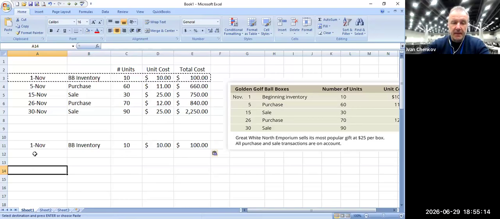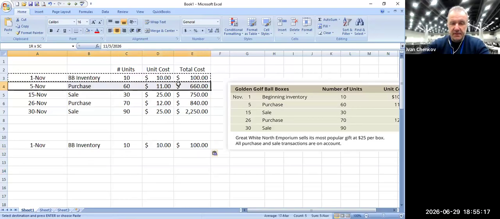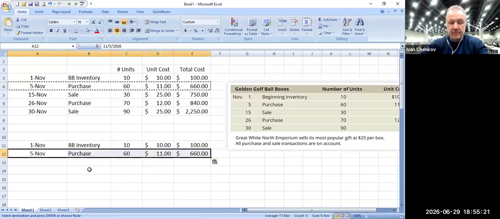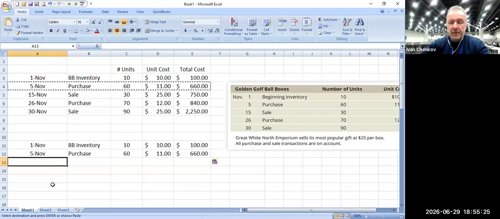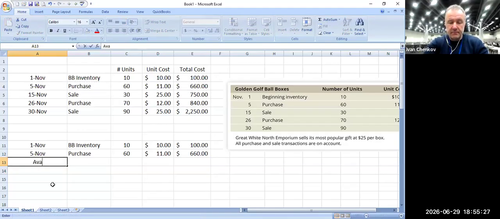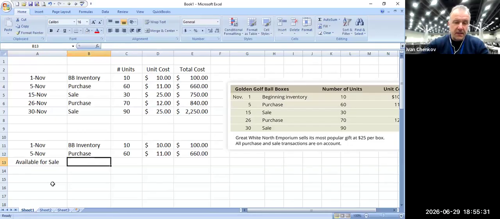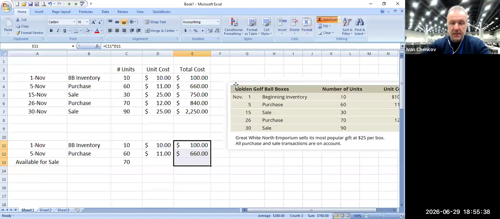We have 10. Then we have the first purchase of 60 units on November 5th. At this point, the question is, how many units do we have available? We can easily calculate that we have 70 units available for sale, and the total cost for those units is $760 at this point.